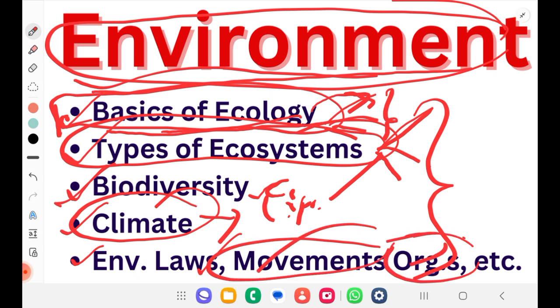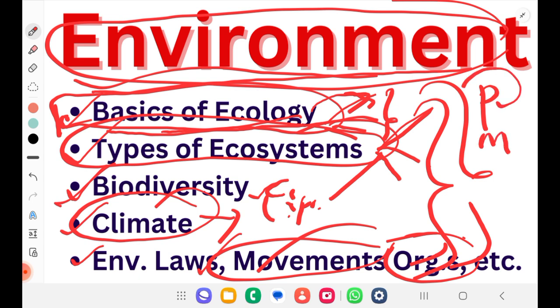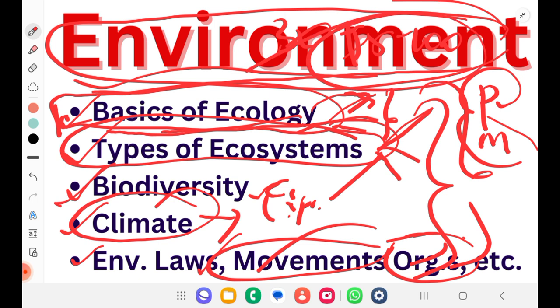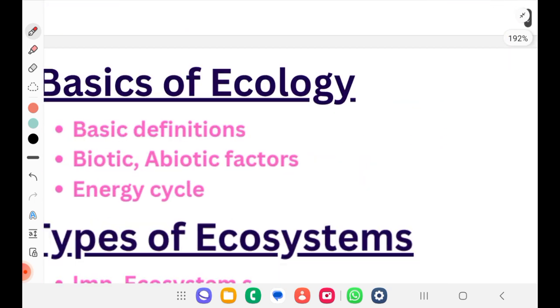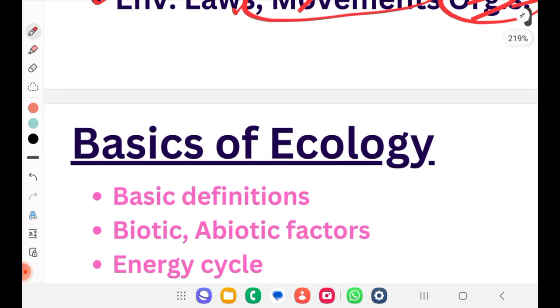If you are able to cover all these 5 chapters, both in view of prelims as well as mains, you will be thoroughly prepared for around 30 marks in prelims and around 75 to 100 marks for mains. So that is the importance of this module. Today we will be starting with the first chapter, that is basics of ecology.